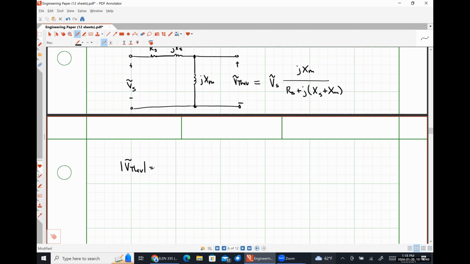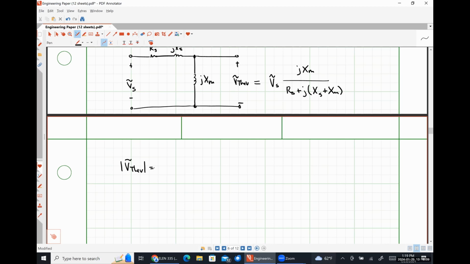What I'm going to do to find the magnitude of my Thevenin voltage is take the magnitude of each of those parts and effectively just combine them, right? So the magnitude of the voltage V Thevenin should be the magnitude of Vs multiplied by the magnitude of JXm divided by the magnitude of Rs plus J(Xs plus Xm).